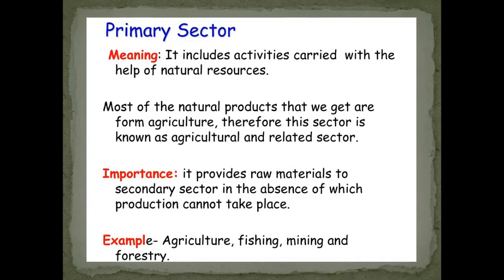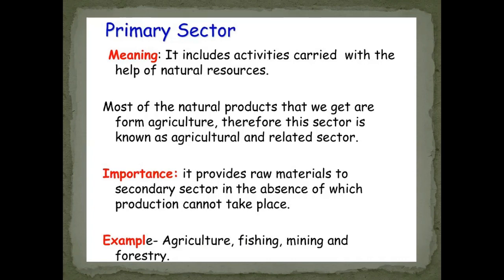But in its own time, the seed will convert into a sapling and the sapling will convert into a plant. It doesn't depend on you and me. It depends upon natural resources, even the sunlight. Correct? So these types of products which directly depend on agriculture, we call agricultural products, that is the primary sector. And the other sectors which are also related to agriculture, we call the agricultural sector.